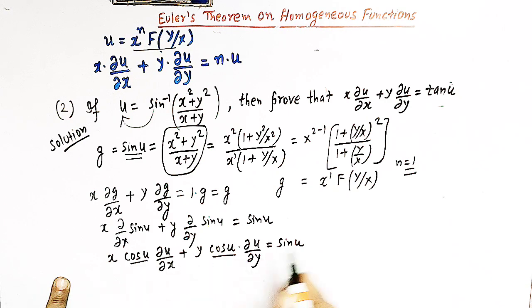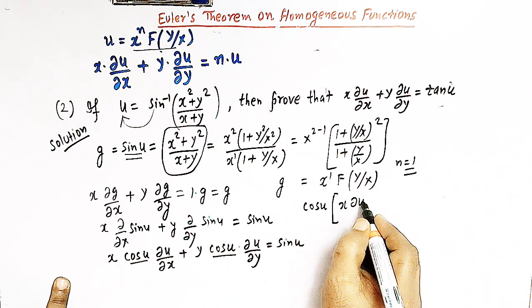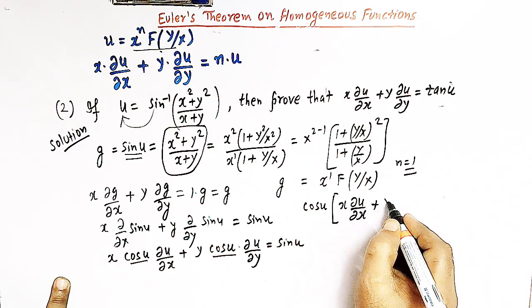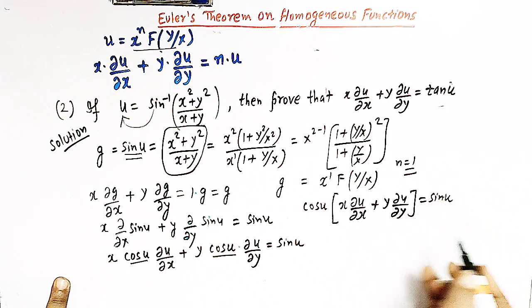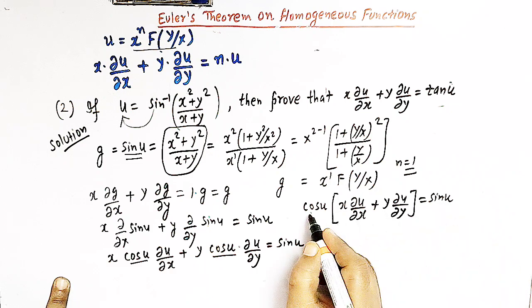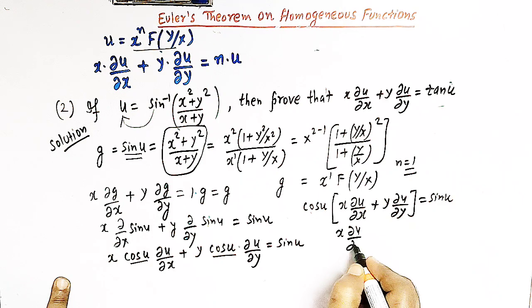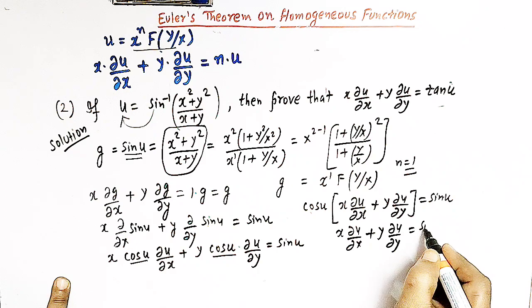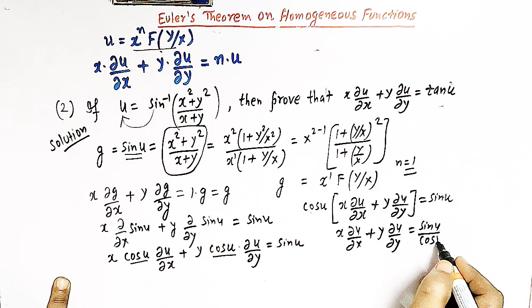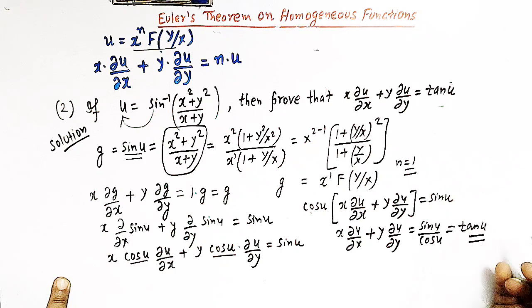Now taking cosine u common, we have cos of u times x del u over del x plus y times del u over del y is equal to sine u. Now dividing by cosine u, we have x del u over del x plus y times del u over del y is equal to sine u over cosine u, and sine u over cosine u is tan of u. So this is our desired result.